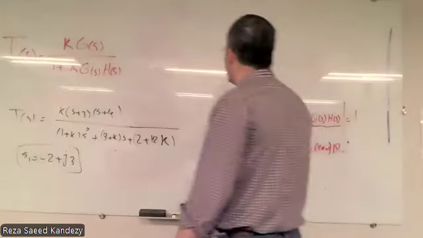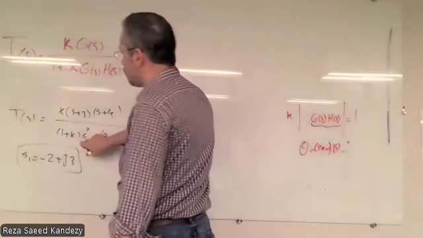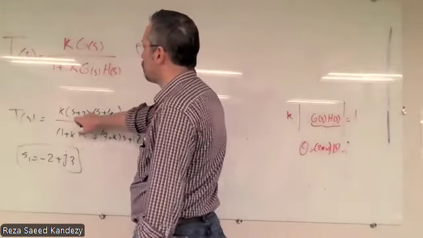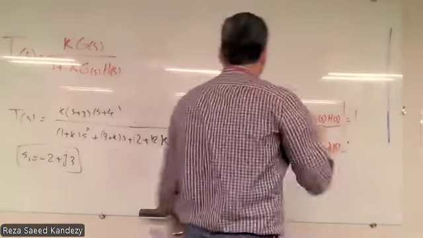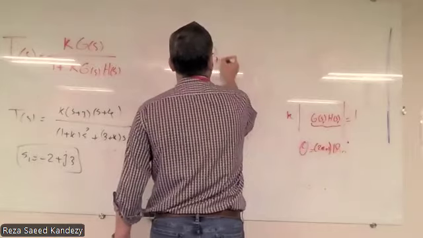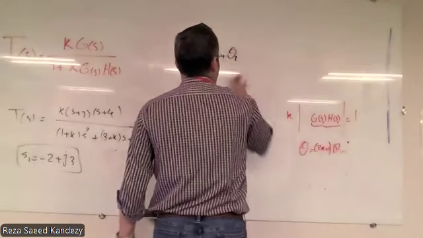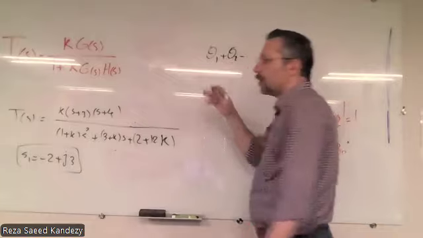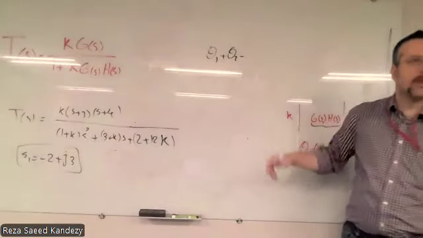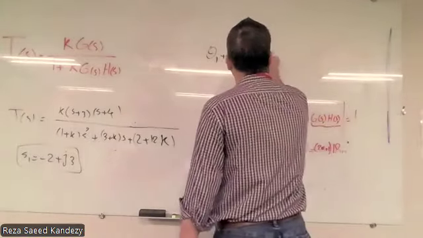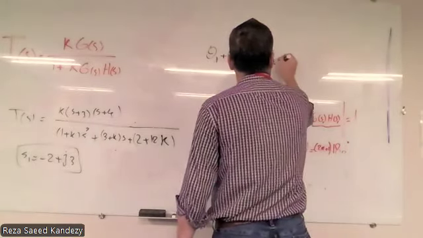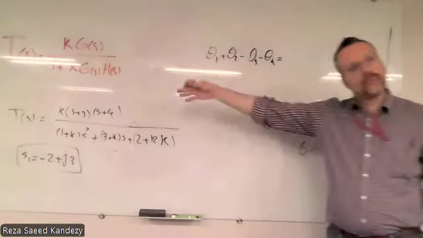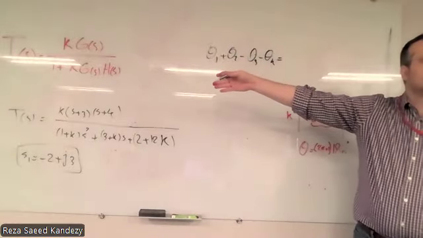This is second order, this is also second order. That means we have two thetas in the numerator, theta 1 plus theta 2, and two thetas in the denominator, theta 3 minus theta 4. Now, you can put the numbers in.